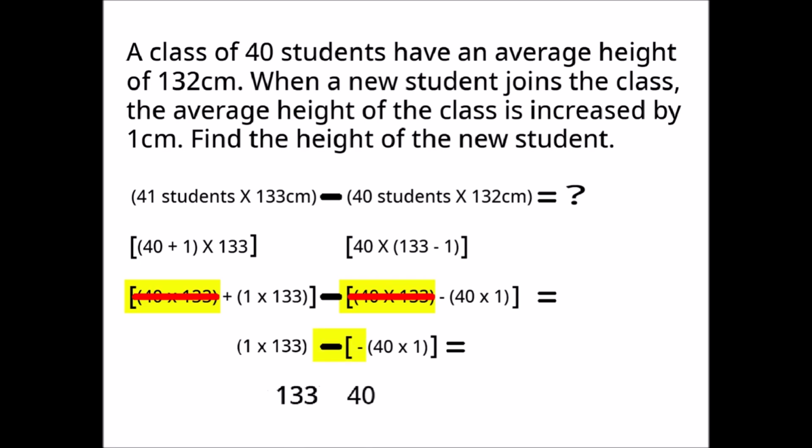Minus multiply minus would give us plus. We can simply solve this and arrive at 173. But wait, this is not the fastest method. What if I tell you that there is an even faster method? We will now explore that method.